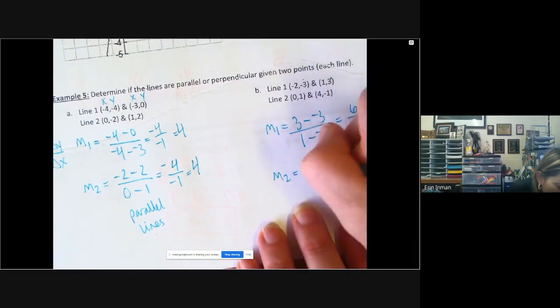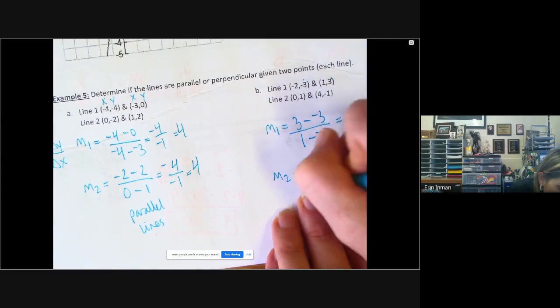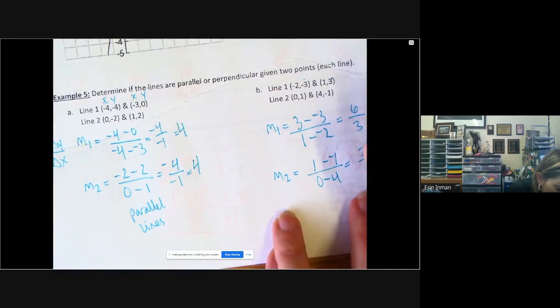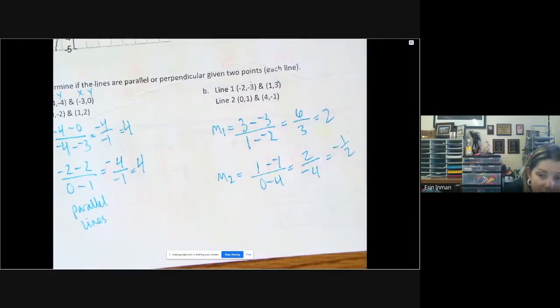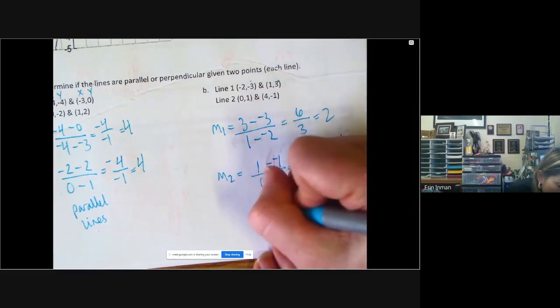And then it's always change in y, so 1 minus negative 1 over 0 minus 4. That's 2 over negative 4. That reduces, because when you were first looking at this, it might be hard to see the relationship. This is negative 1/2. So these are opposite reciprocals, so these are perpendicular.